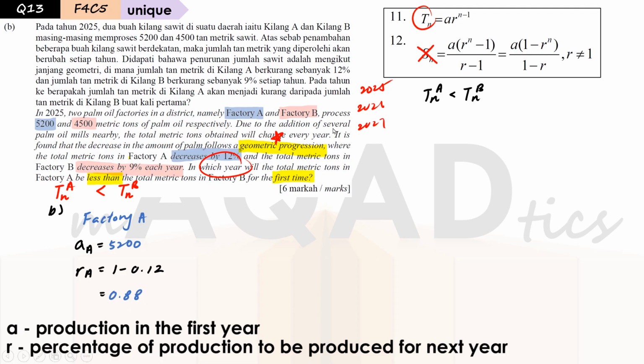This applies the same way for factory B as well. For the first term, a, it will be 4500, and for the common ratio, it would be 1 minus 9%, or 0.09, to get 0.91.